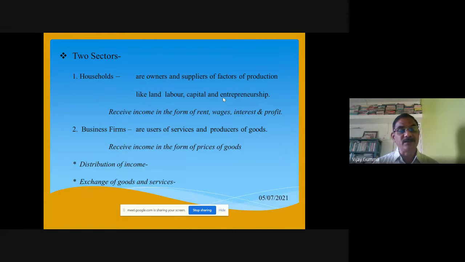Household sector supplies the services of factors of production through the factor market, and business firm sector demands factors of production through the factor market.